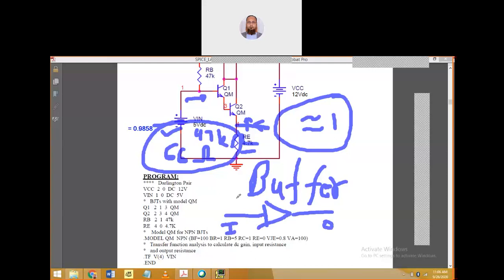Here it is 47K, here it is 66 ohm, and the gain is 1. So input and output will not change in value much, but their impedance will be changed. This is used sometimes for impedance transfer to remove the loading effect. Some other time I will explain the loading effect also, but right now it is good. To remove this loading effect, we need to change these things.